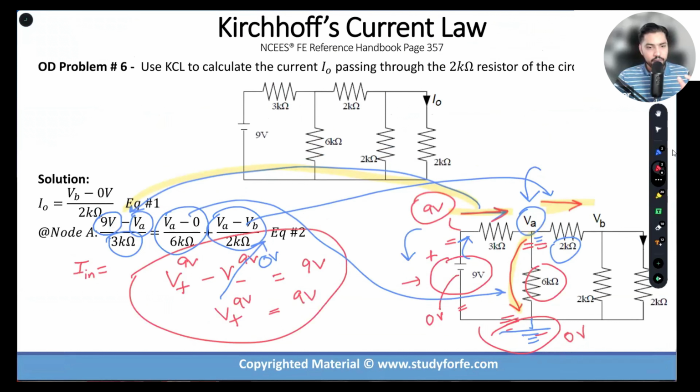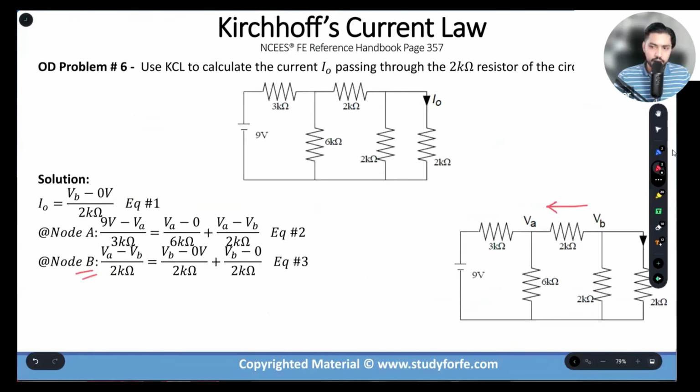So if I have frozen the direction of current from VA to VB while writing the nodal equation KCL at A, I have to respect that. So when I move here, if casually, without having any understanding, amateurly, I flip this, guess what? I'll get a wrong answer.